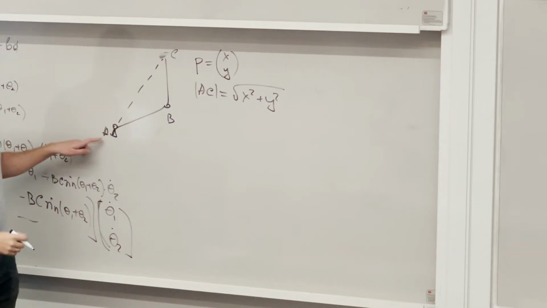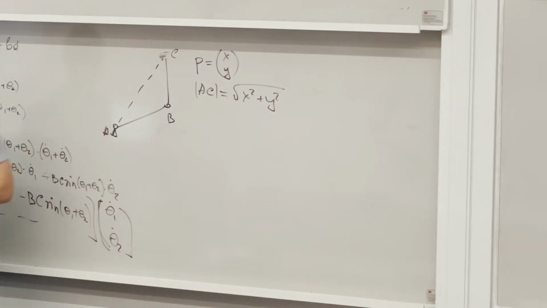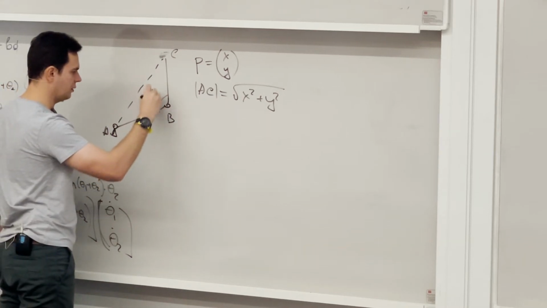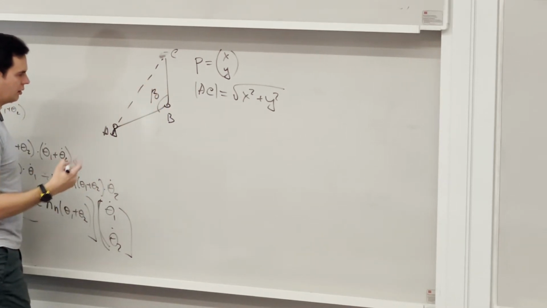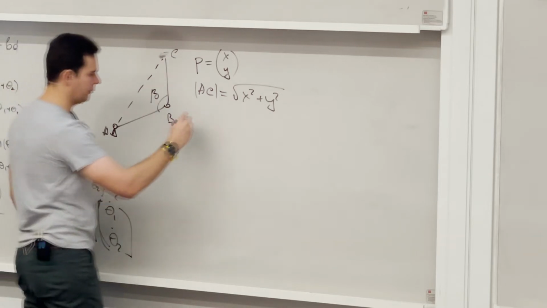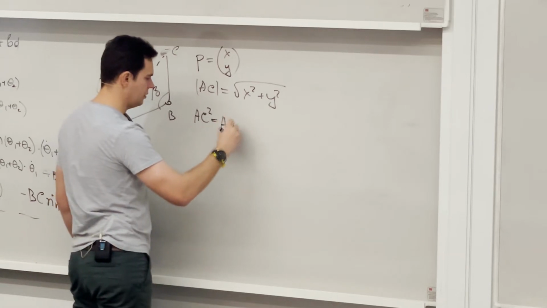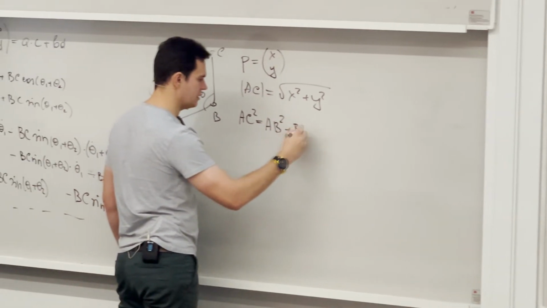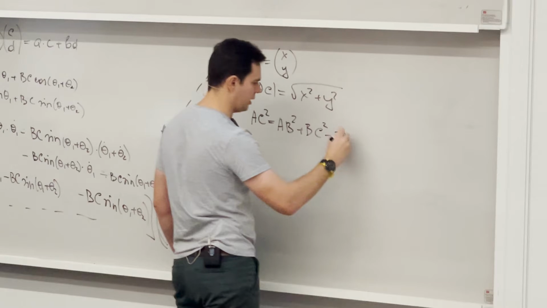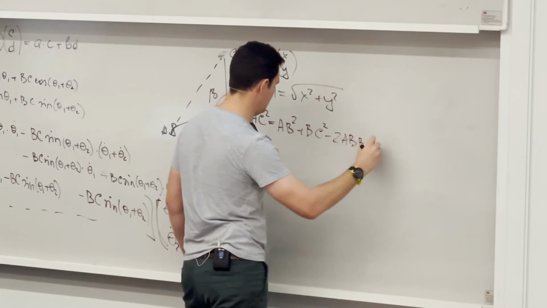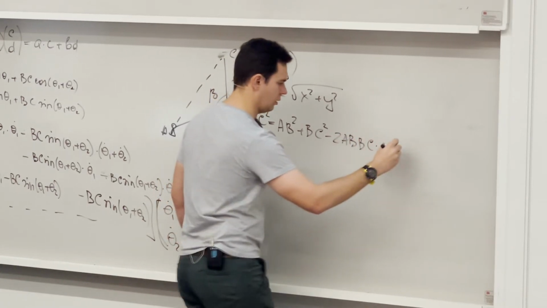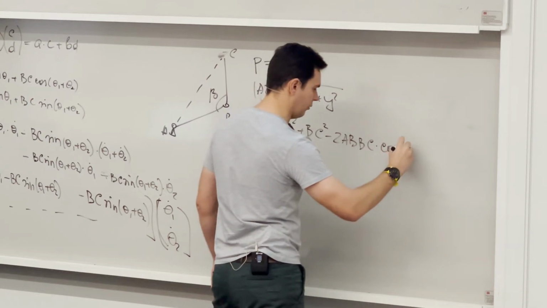Now we can think about ABC, this triangle. And you can remember the law of cosines. Let us suppose that this angle is beta. We can write the following. AC to the power 2 equals AB squared plus BC squared minus 2 AB BC times cosine of beta.